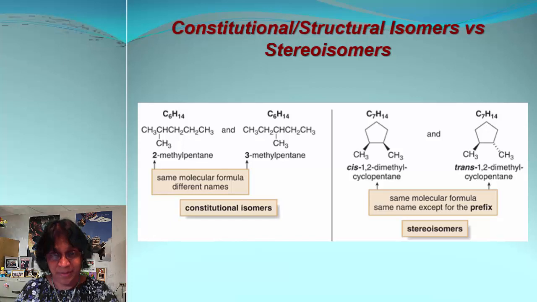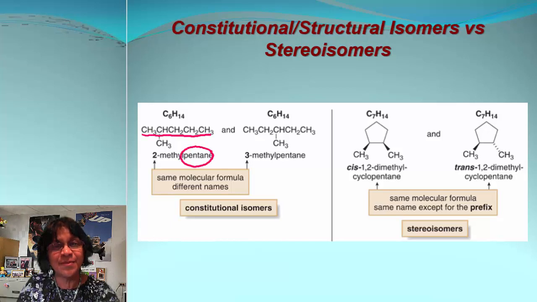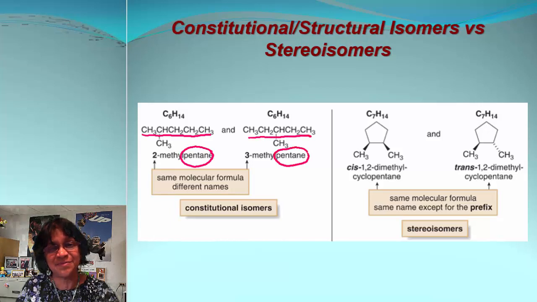Just to explain a little bit, here is a quick differentiation between our structural isomers and stereoisomers. So look at this first compound. If you look at the carbon chain, that's 5-membered. So this is pentane, and if you look here, that's also 5-membered. So we have this as pentane. But this says 2-methyl and this says 3-methyl.